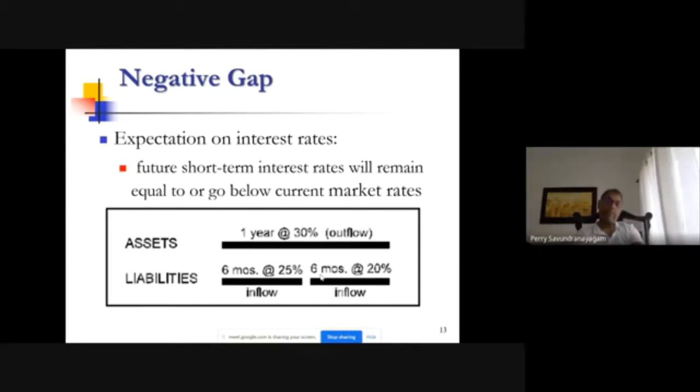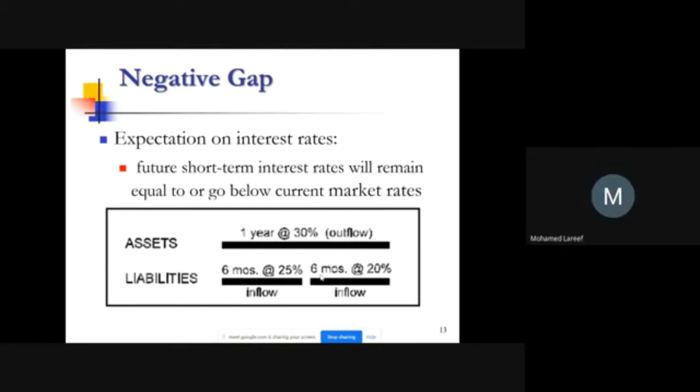Now, my question here is, in reality, what's the difficulty here? The liabilities are always on demand.